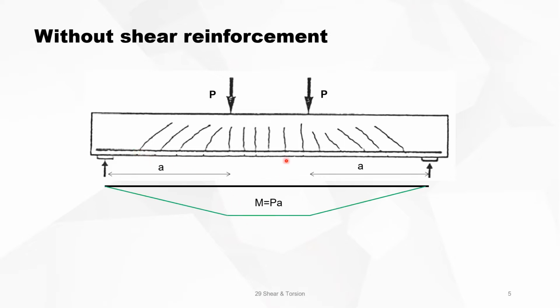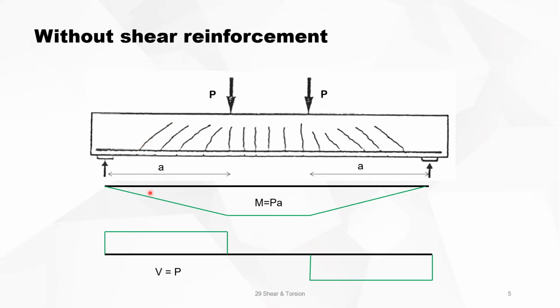If we look at the bending moment, then we see that the bending moment is constant in the middle between the two loads. So these cracks are cracks due to bending. On the other hand, when the cracks are inclined, these are cracks induced by shear force, because that's the shear force diagram.